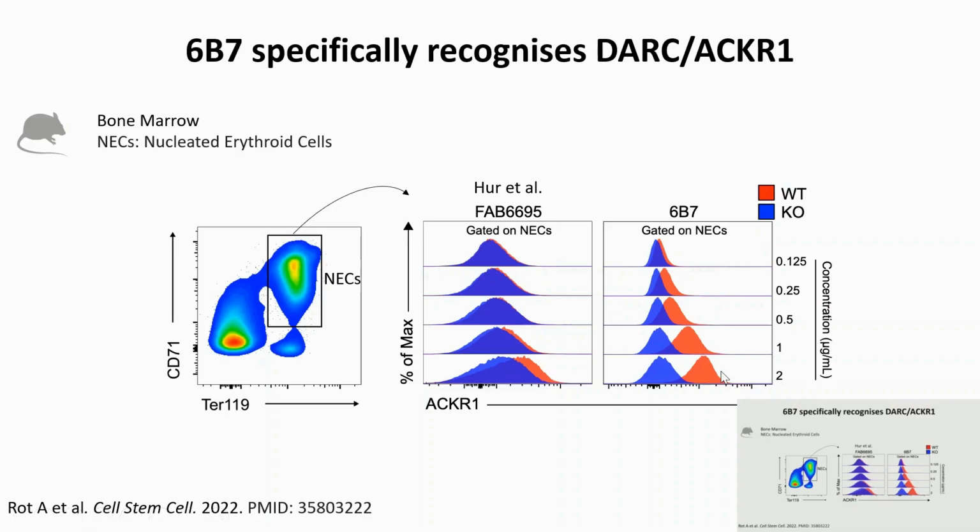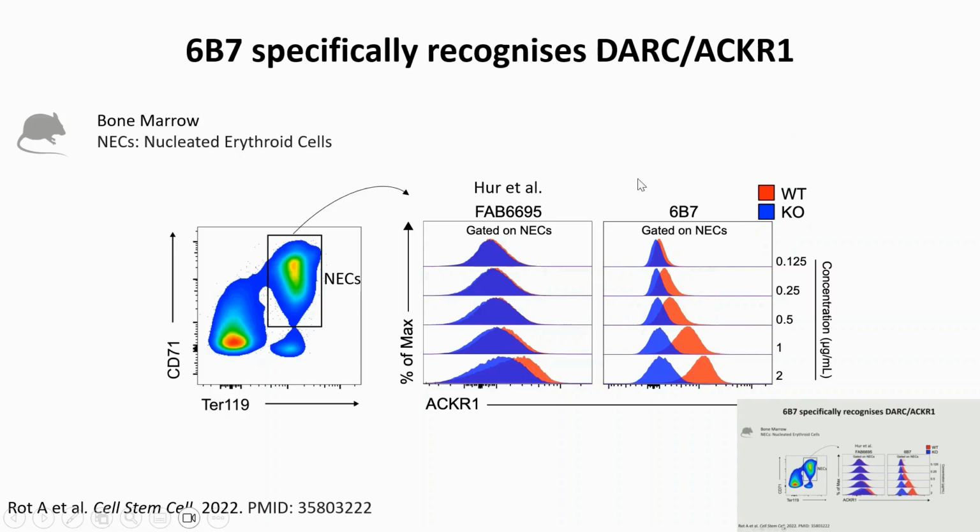Importantly, we also used erythroid cells from wild-type mice, in red, and knockout mice, which lack ACKR1. You can immediately see that the antibody used by Hu et al. equally stains the wild-type and the knockout erythroid cells, demonstrating that this antibody is not specific for ACKR1.